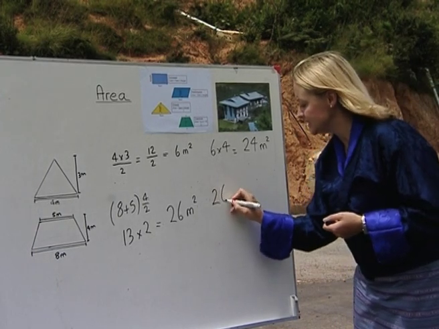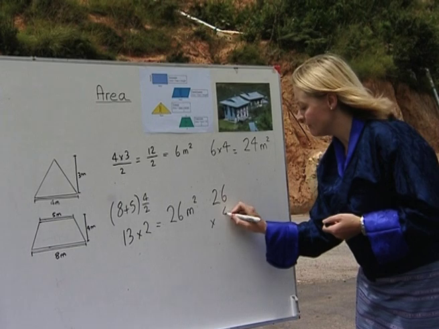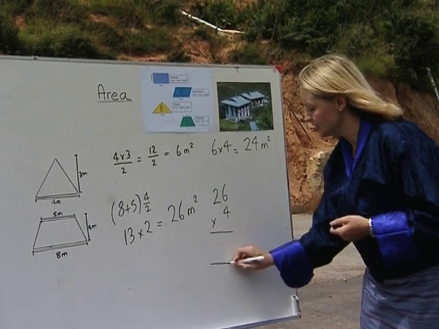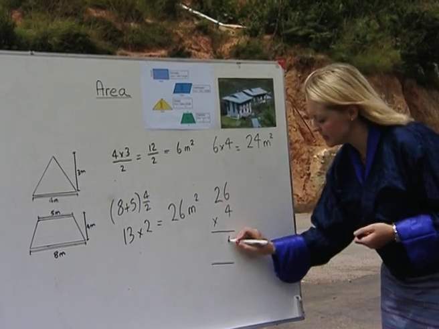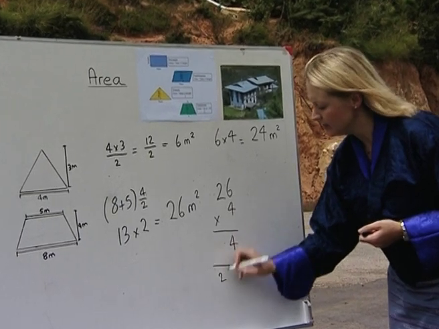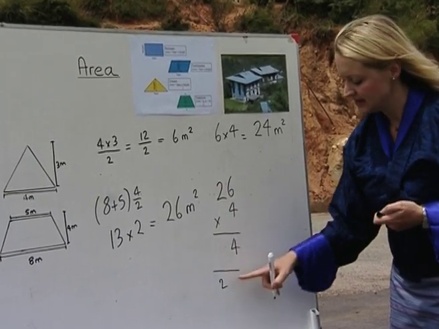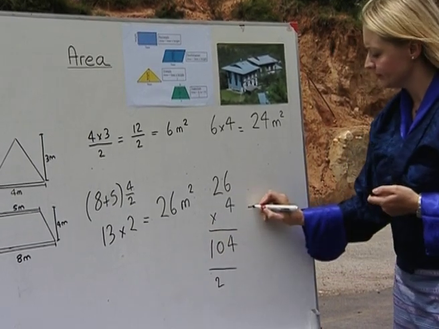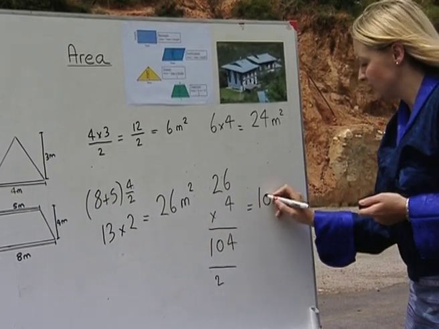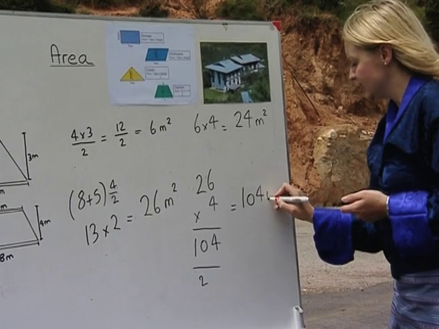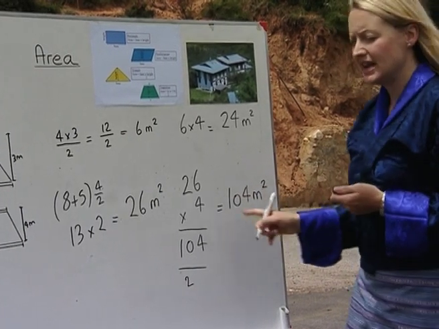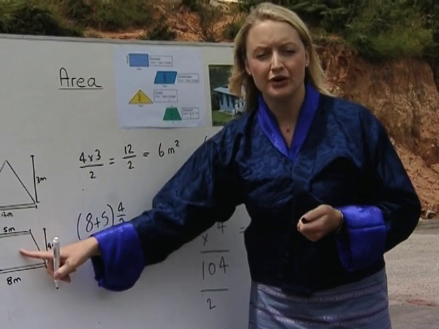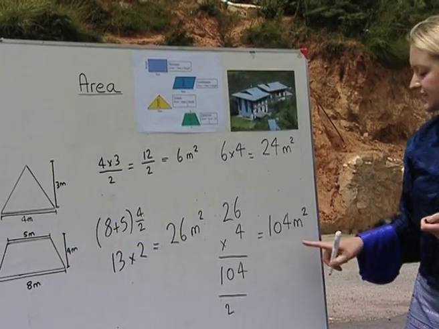So we will need to do 26 multiplied by 4 trapeziums. 6 4s are 24, carry the 2. 2 4s are 8, add the 2, makes 104. So again, we are still working in area. So the area of CGI we would need to make that portion of roof made up by trapeziums is 104 metres squared.